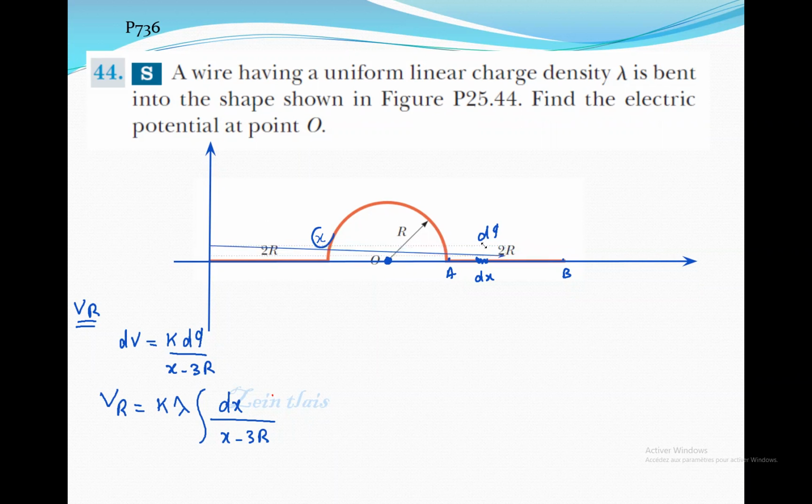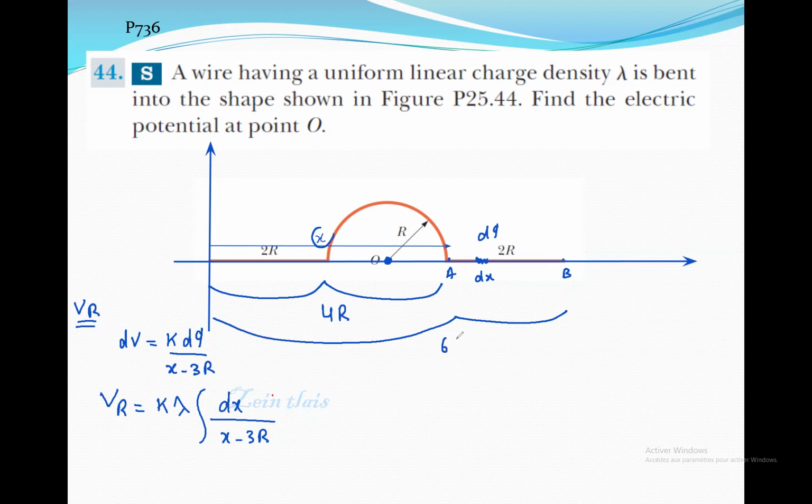Okay, so point A is located at 2r plus 2r, so at 4r, and point B is located at 6r. So between 4r and 6r. Okay, this is the limit of the integral.